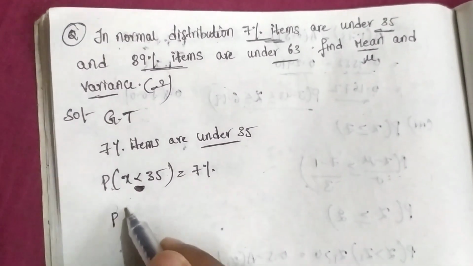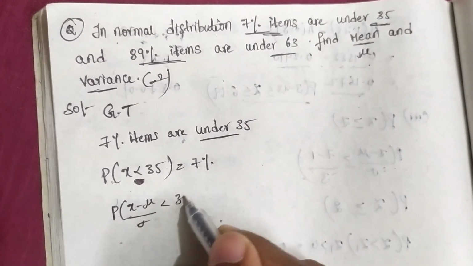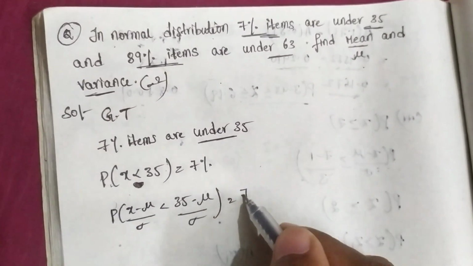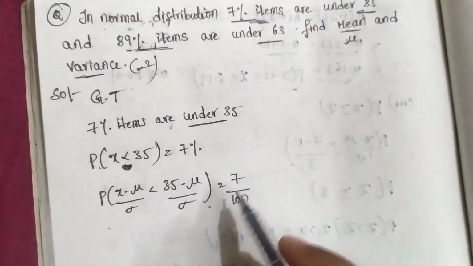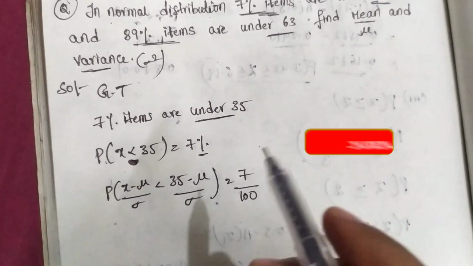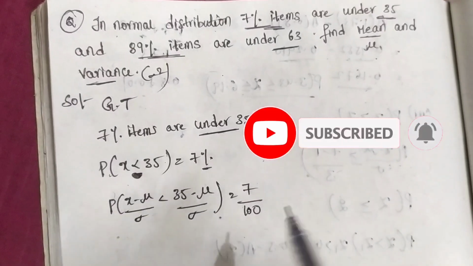Here P of (X minus mu) by sigma less than (35 minus mu) by sigma equals 7 by 100. We write 7 by 100 because the percentage is given. So whenever the percentage symbol is given, we have to divide the value by 100.